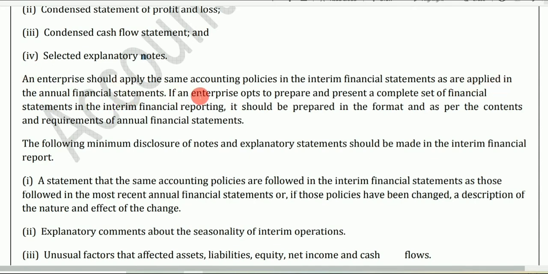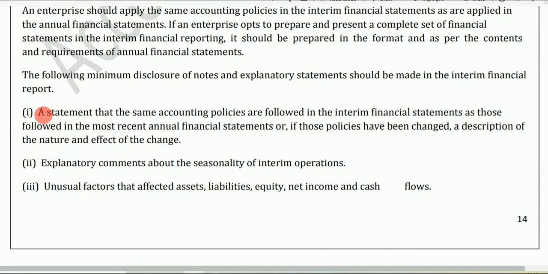If an enterprise opts to prepare and present a complete set of financial statements in the interim financial reporting, it should be prepared in the format and as per the contents and requirements of annual financial statements. The following minimum disclosure of notes and explanatory statements should be made in the interim financial report.